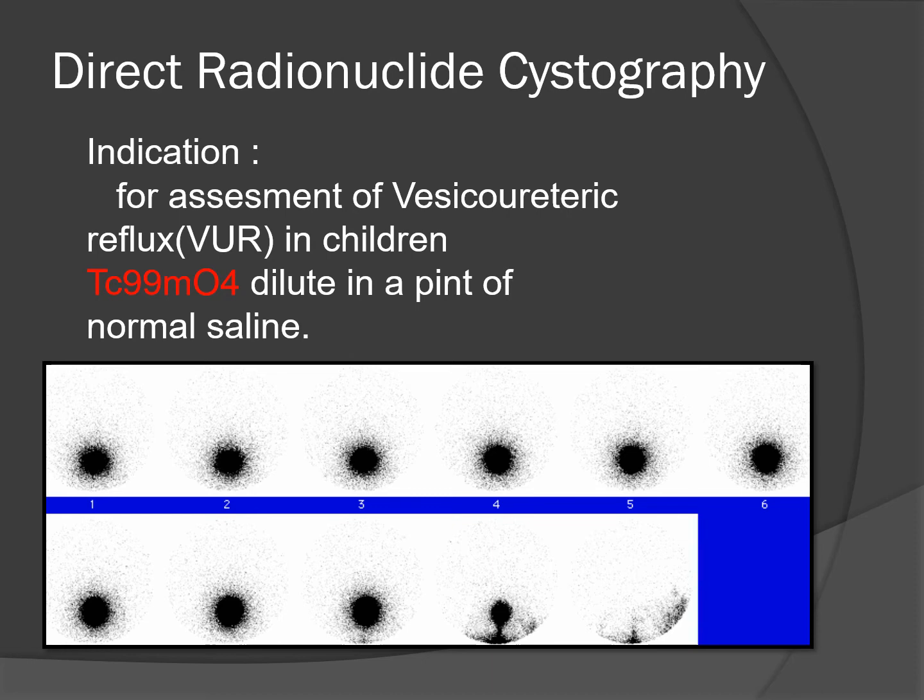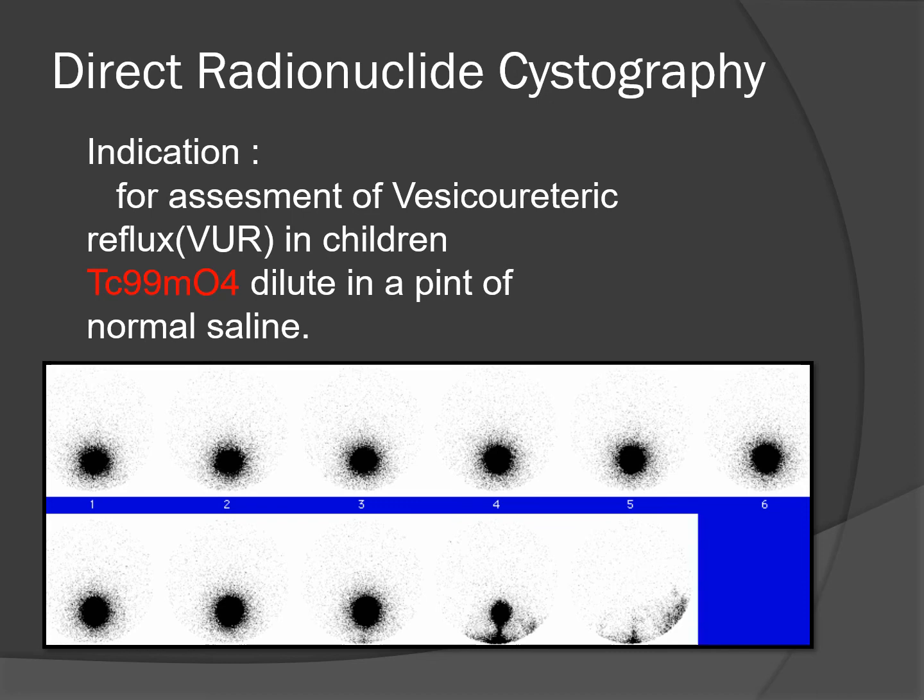You will see the bladder fill up with the solution containing technetium 99m normal saline, until a certain limit, then we ask the patient to micturate, and we change the tube into the urine bag. Then we will see if there is any reflux from the vesicoureteric junction.